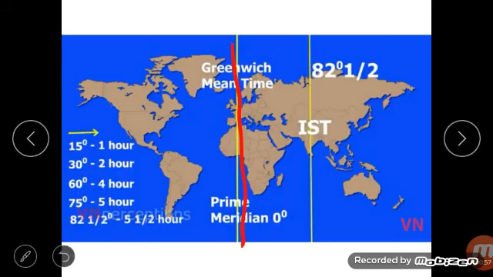There are 24 standard time zones. The longitude passing through the center of each time zone has been selected to give the standard time of that time zone.